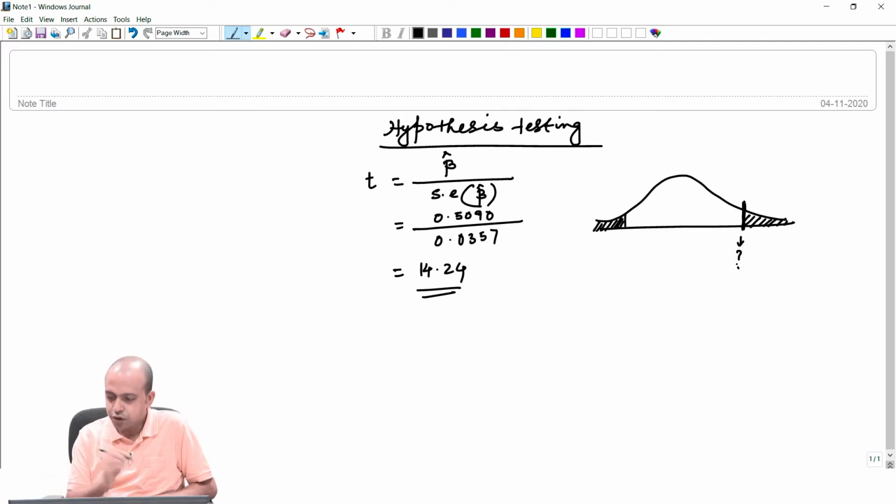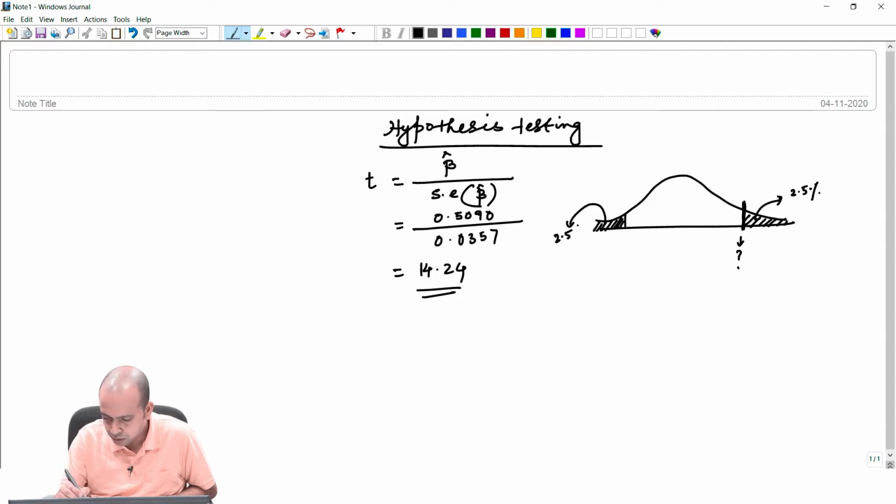This is called the tabulated value. And if you look at your t table and specify your alpha, that means this area is 2.5%, this is also 2.5%.